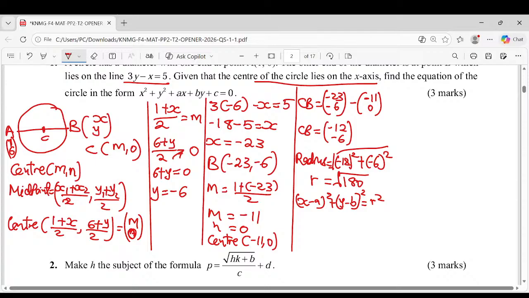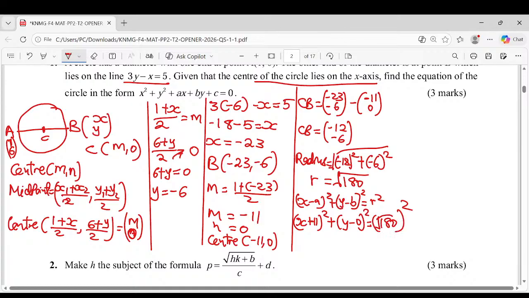So we are going to have x minus the x coordinate, which for the center is negative 11. So x minus negative 11 will be like saying x plus 11 squared, plus y minus 0 squared, should be equal to the root of 180, which is our radius.